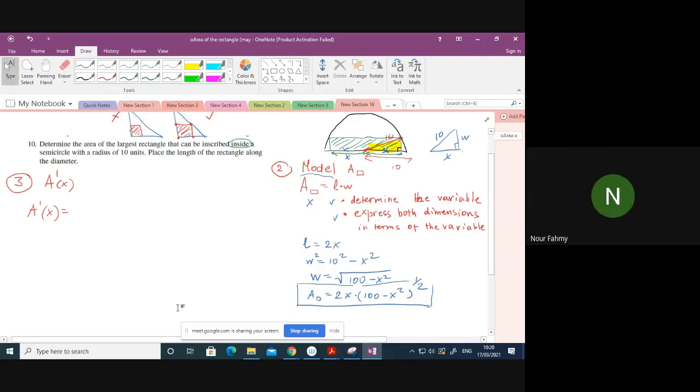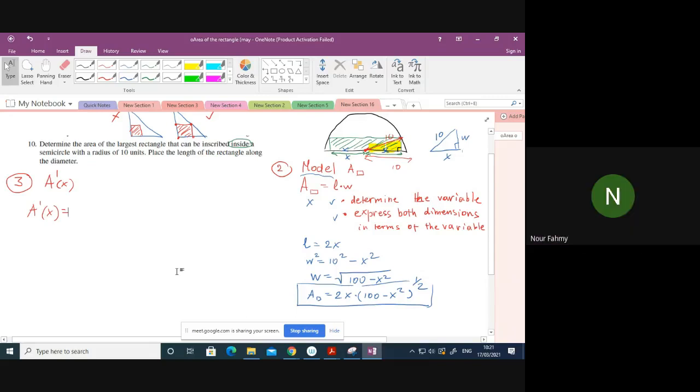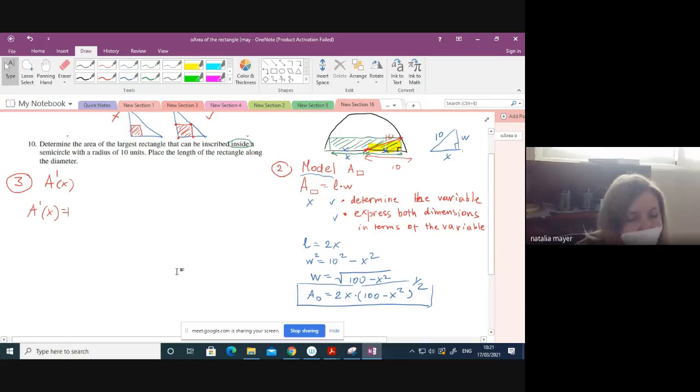What, miss? Can't I distribute the 2x at the beginning? Of course you can distribute it. Why can't you distribute it, Noor? What's the obstacle for distributing it? Guys, who sees the power?